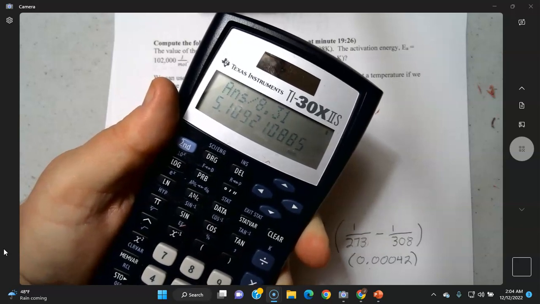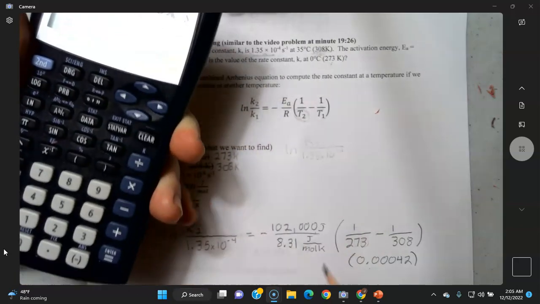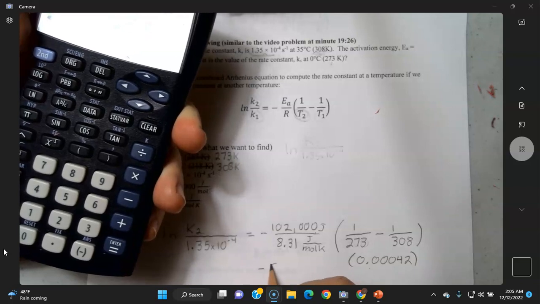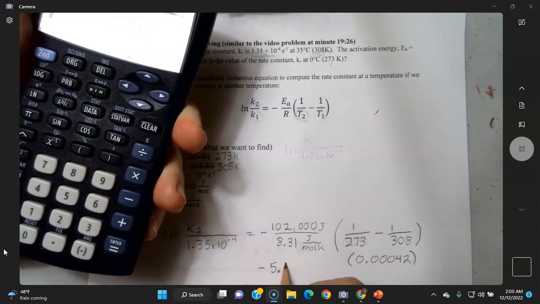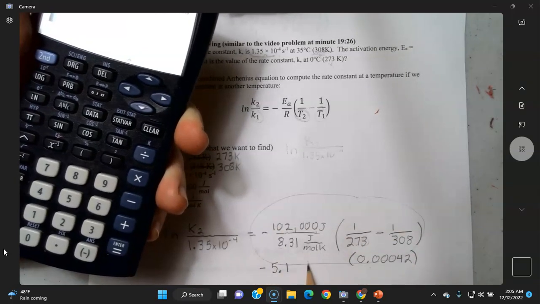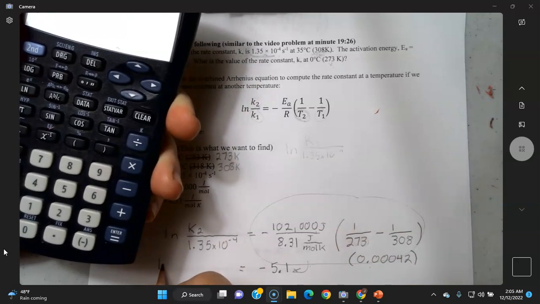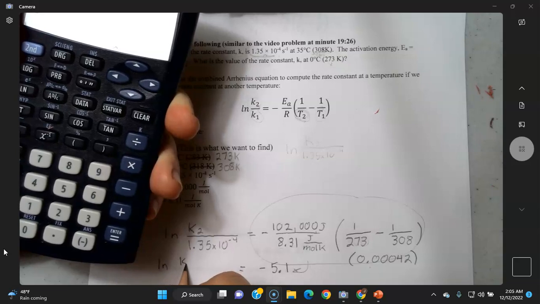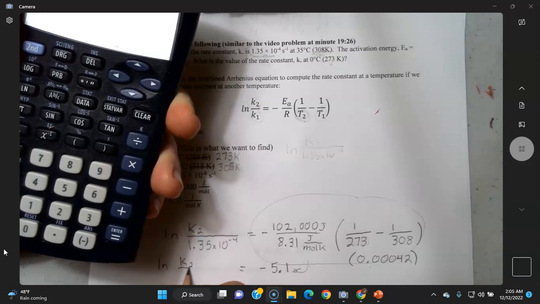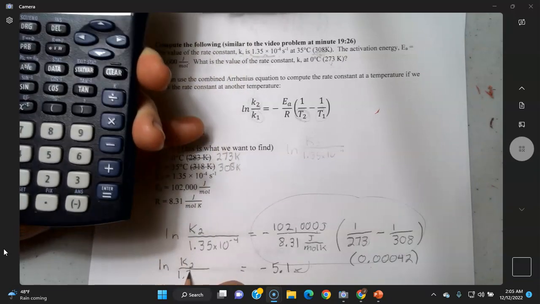Okay, and so what I get is 5.1. I'm just going to stop there. So this is negative 5.1. All of this right here is that. That's going to equal natural log of K2 over this.